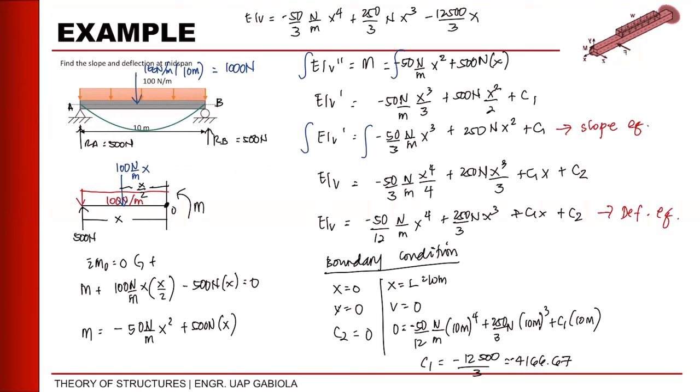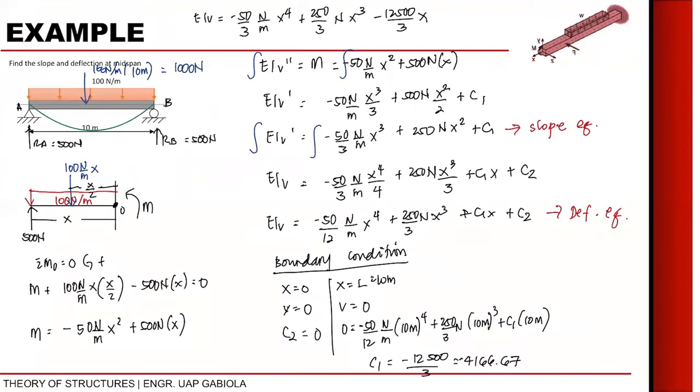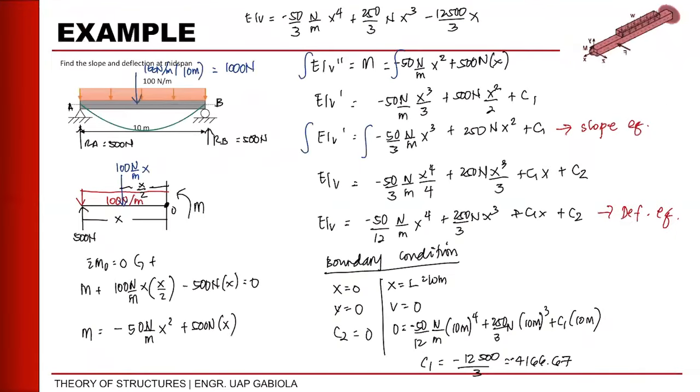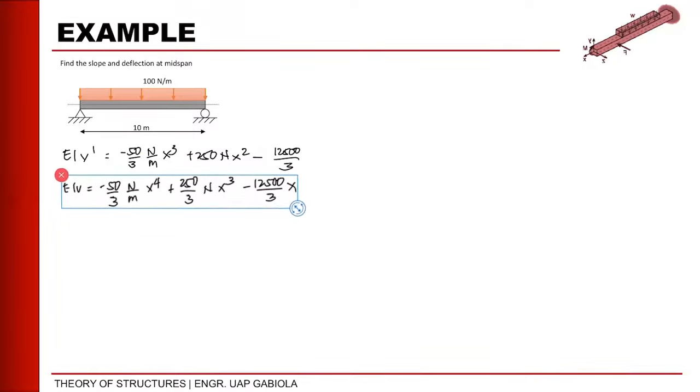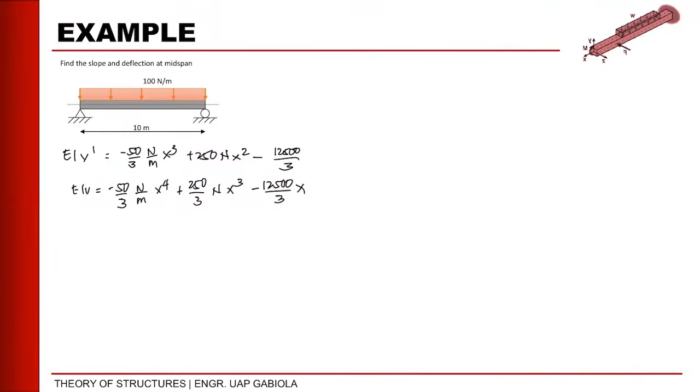Then C2 natin is 0. So this will be our solution na for our equation natin for our deflection. Okay, and then let's transfer that here. So ito na yung equation natin, slope and our deflection equation.